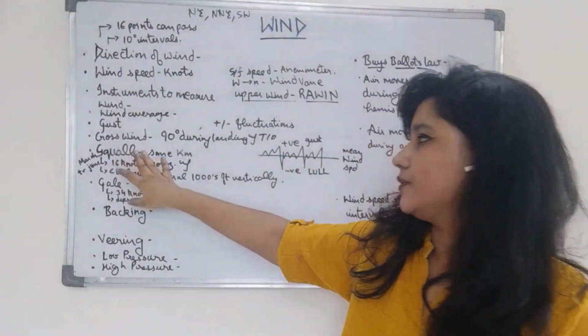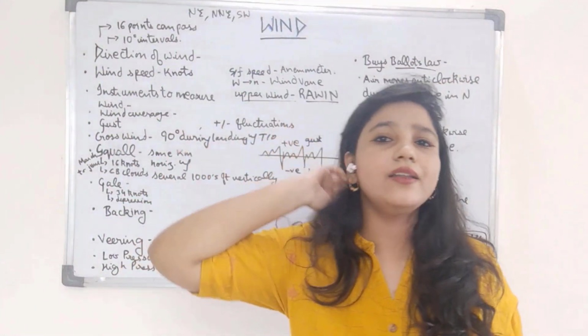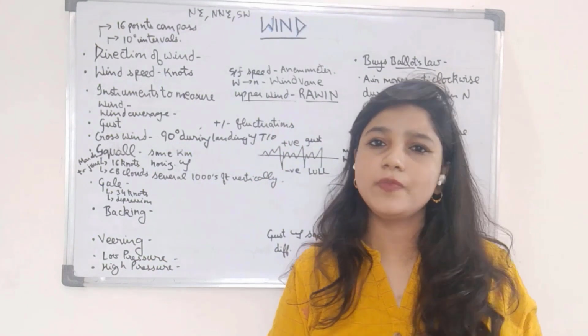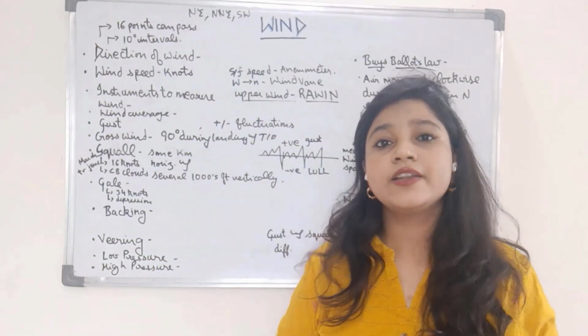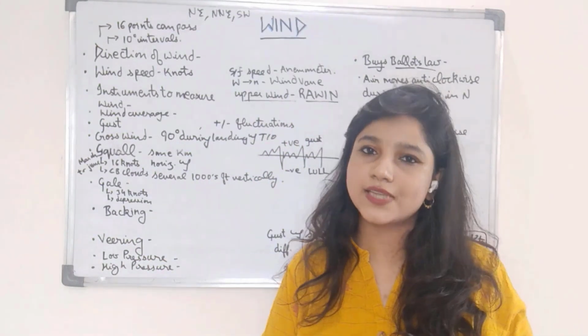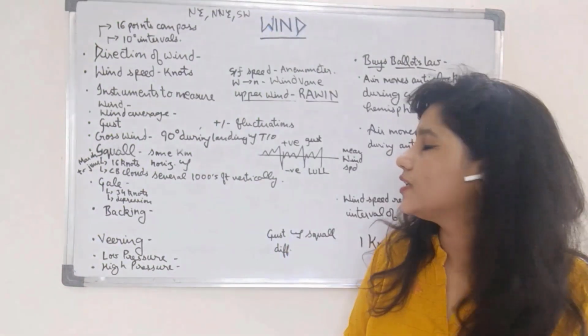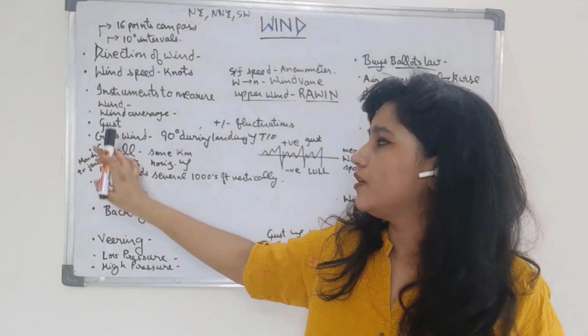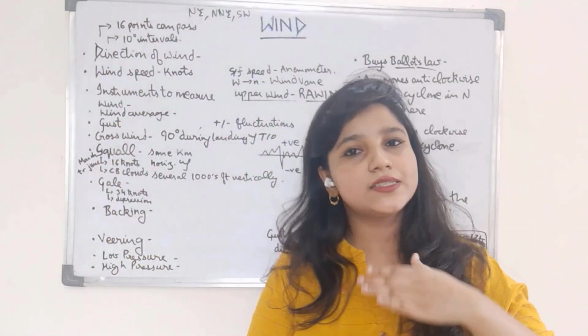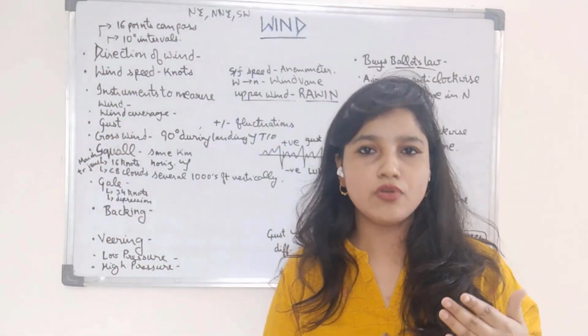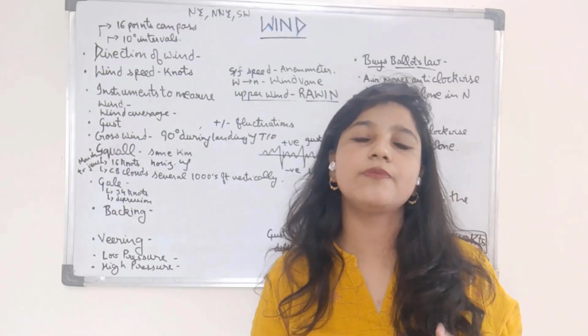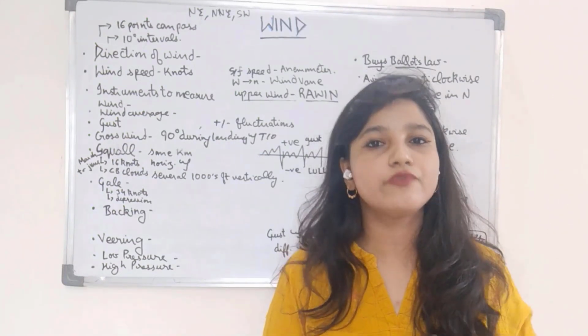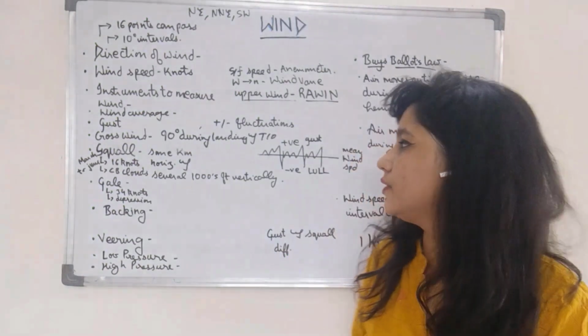Then we have squall. Squall is part of thunderstorms, nor'westers, and it is associated with CB clouds, cyclones, and all these things. Squall we get from March to June. In squall, the wind speed suddenly increases by 16 knots, and the wind speed should be equal to or more than 44 km per hour.